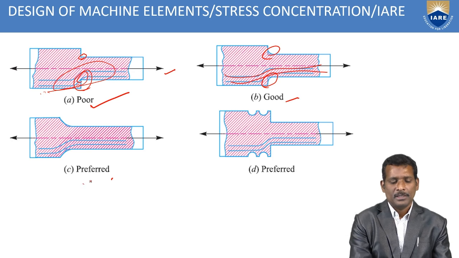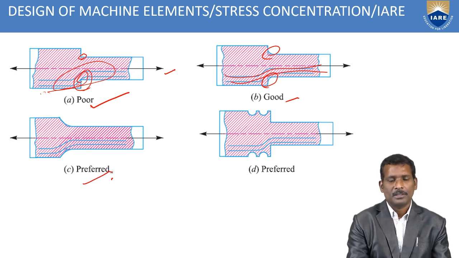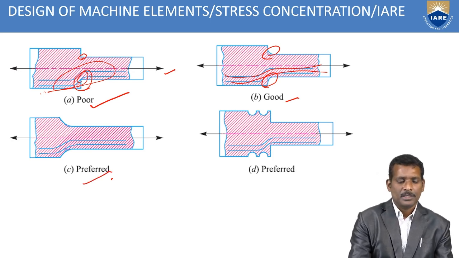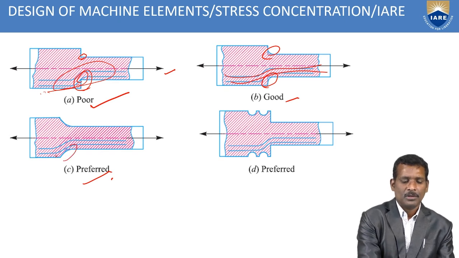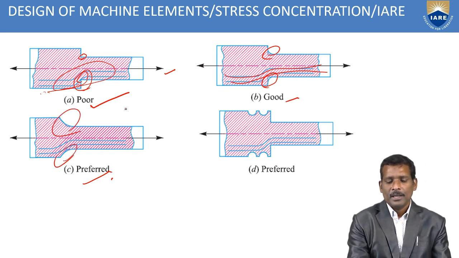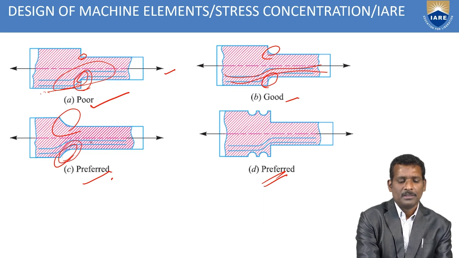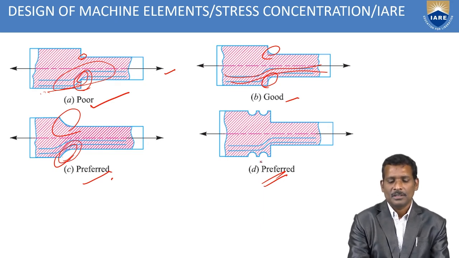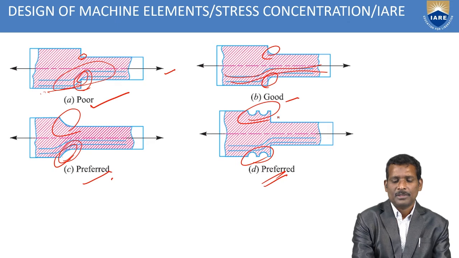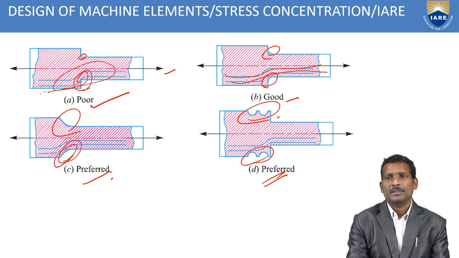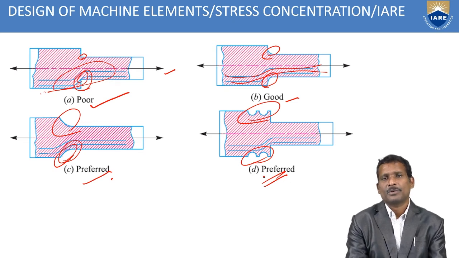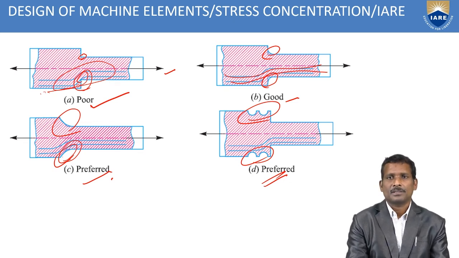Similarly, in the other case, diagram C is preferred. Here the long fillets are arranged, and this one is better than the previous. Why? Because long fillets are practically not in use, that's why some notches are created in the component. Due to this method, providing notches and fillets, we can reduce the stress concentration of a machine component.